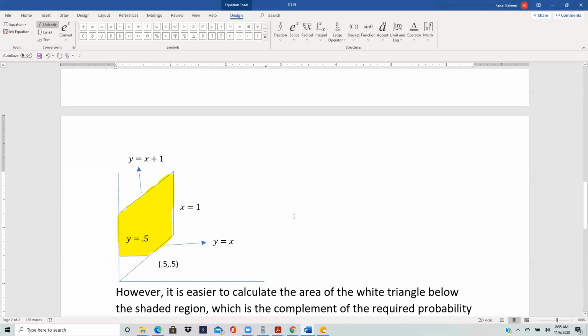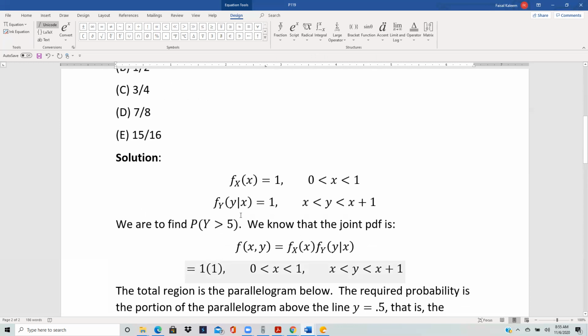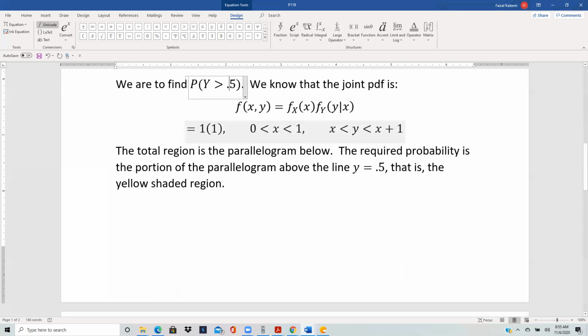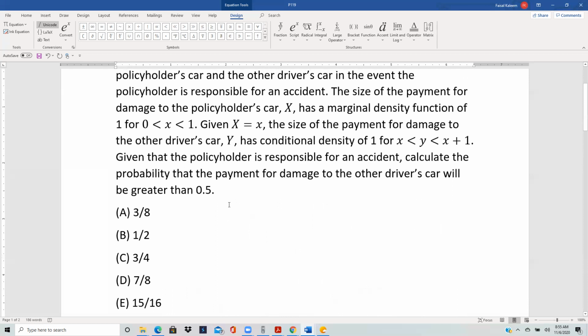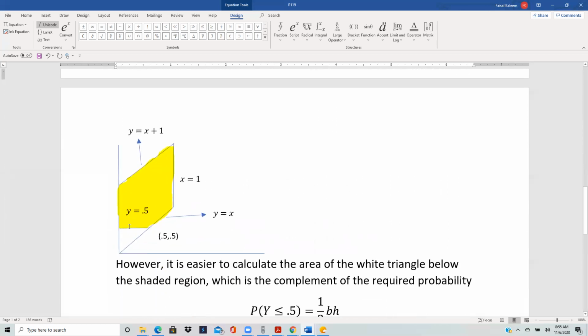And the yellow part is what we need, because we need the probability of y bigger than, not 5, but 0.5. So yeah, that's what we were asked: greater than 0.5. So y greater than 0.5 is the portion of this parallelogram which is above this line.